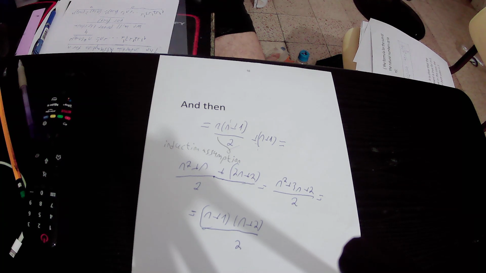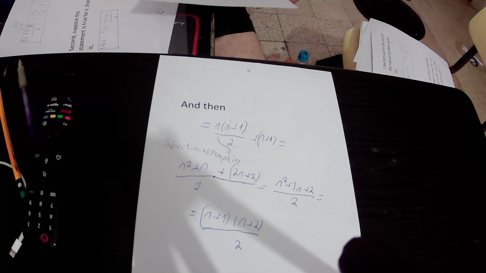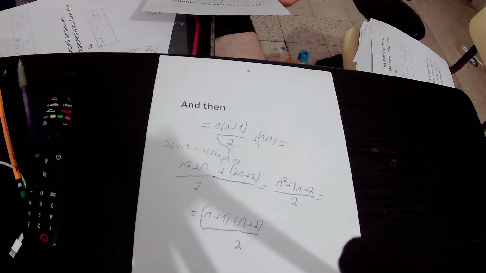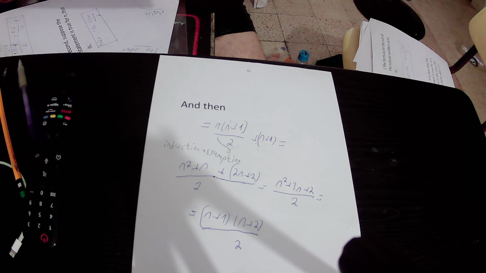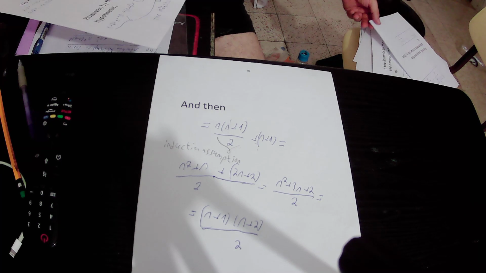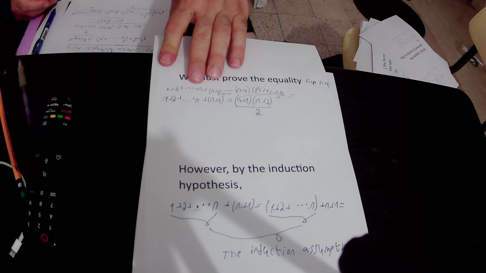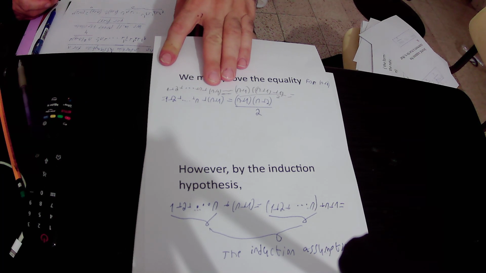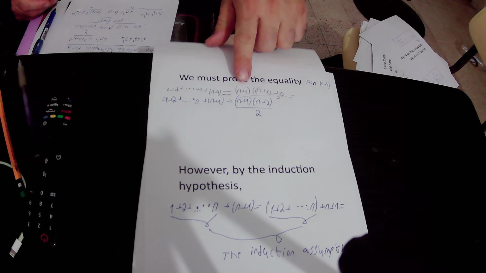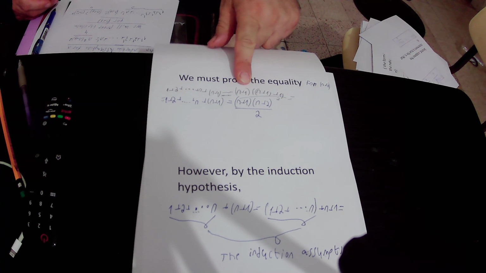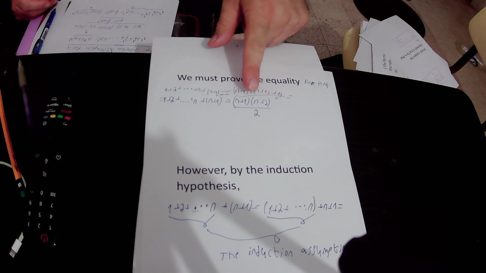We proved that the claim is true for n plus 1, because for n plus 1 we have 1 plus 2 plus 3 plus 4 up to n plus 1 equals n plus 1 times n plus 2 divided by 2.